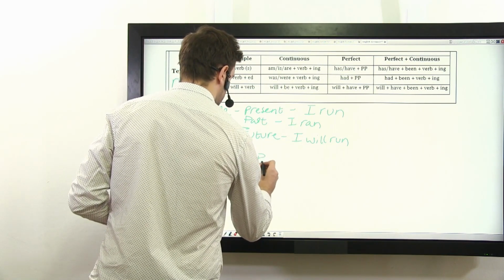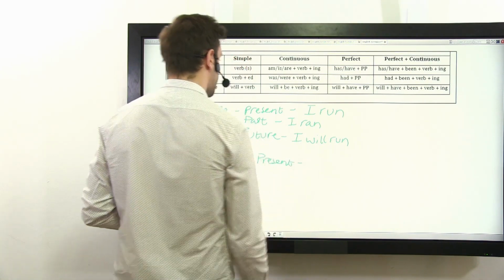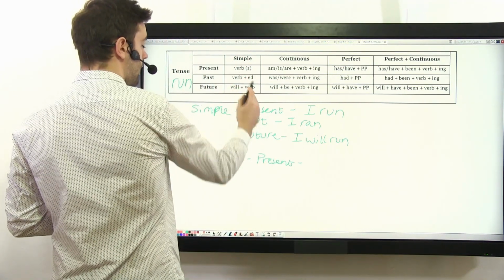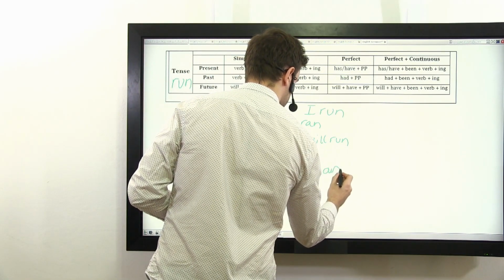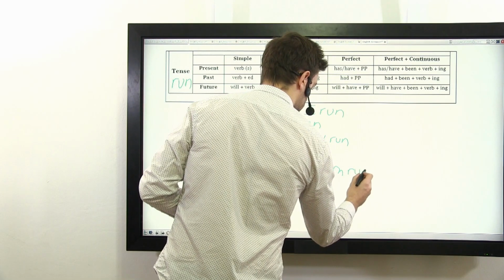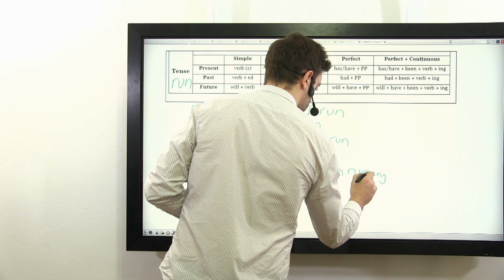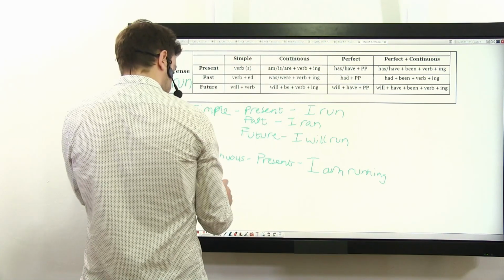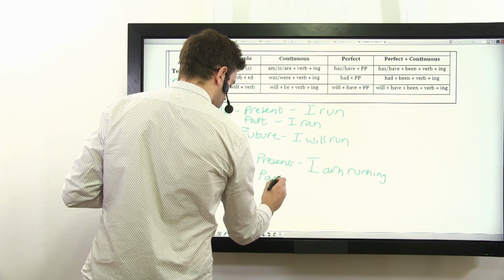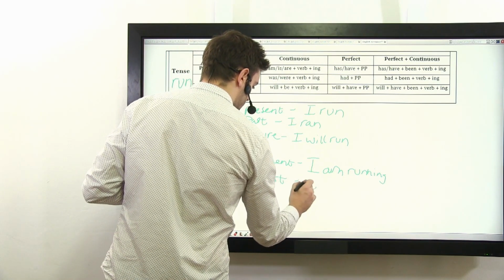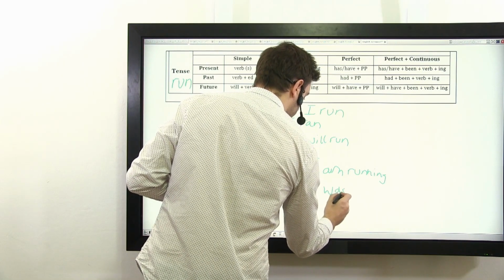Now let's do the continuous. Present continuous: I am running. Past continuous: I was running.